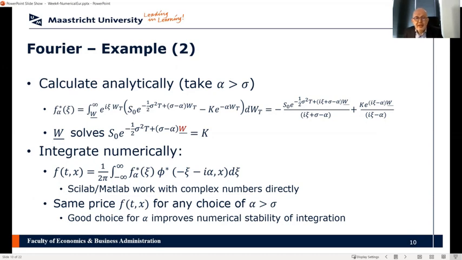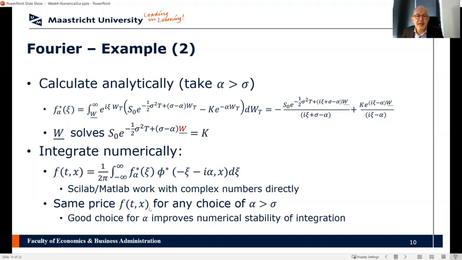And if you work with a somewhat sophisticated numerical language like Scilab or MATLAB, and probably R as well, you can work directly with these complex numbers. And you can do this integral directly by integrating these functions with complex arguments numerically. And this parameter alpha that you have here does not influence the final outcome.